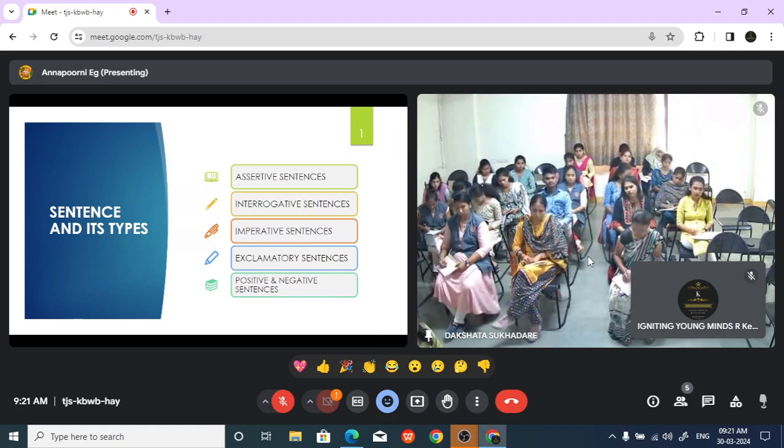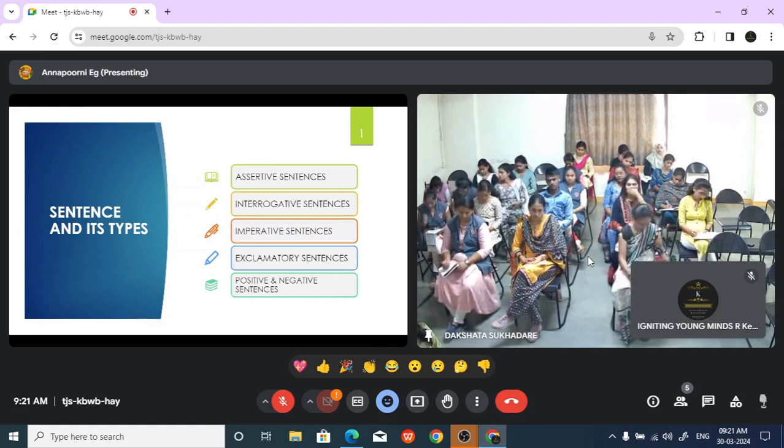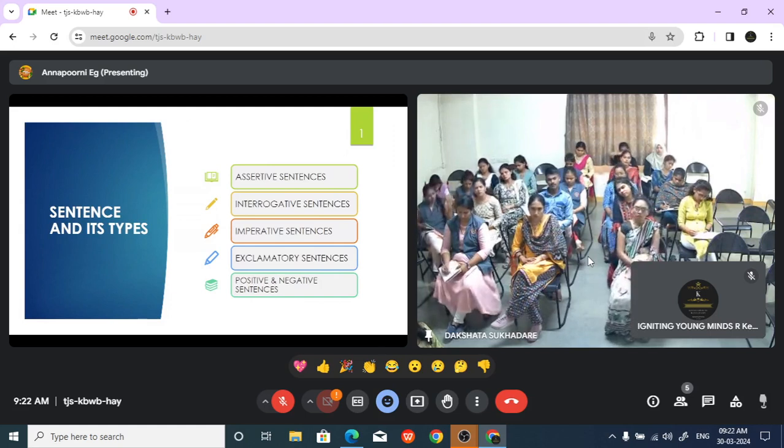This is one of the interesting types of sentences to study, and also the easiest out of the five: positive and negative sentences. Most of us have a basic idea about them, but there is a little more to understand.